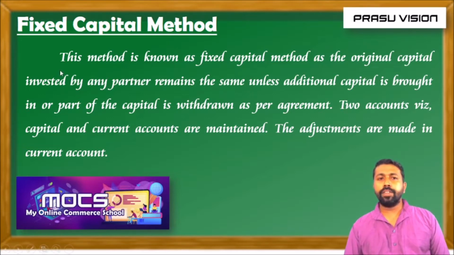So remember, this method is known as fixed capital method, as the original capital invested by any partner remains the same unless additional capital is brought in or part of the capital is withdrawn as per agreement. So two possibilities are there for the change in amount of capital, otherwise it will be always fixed.